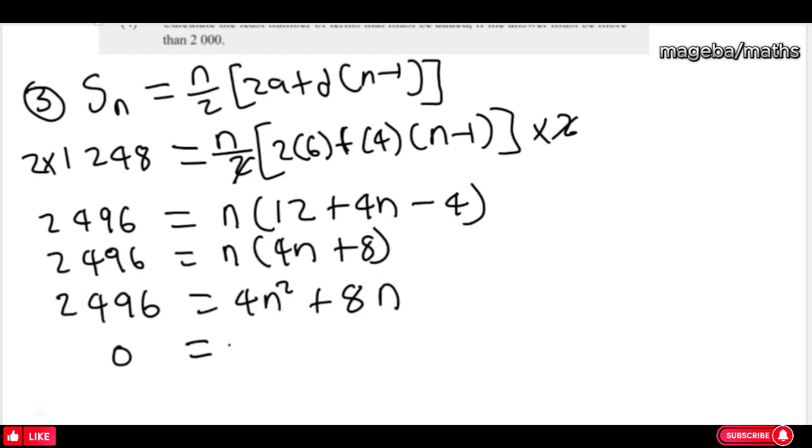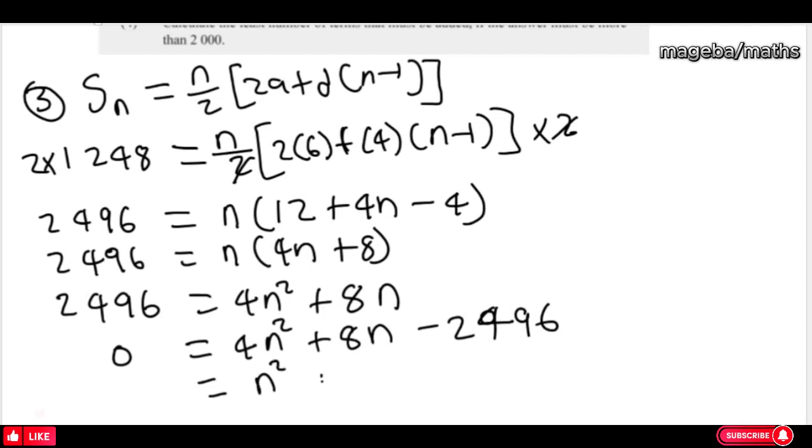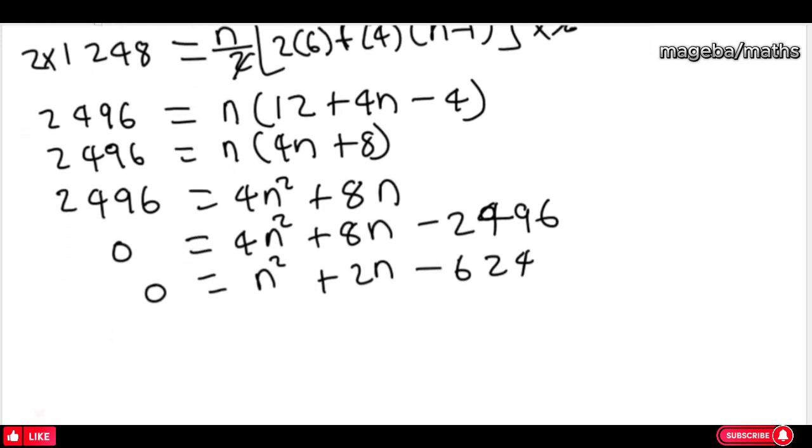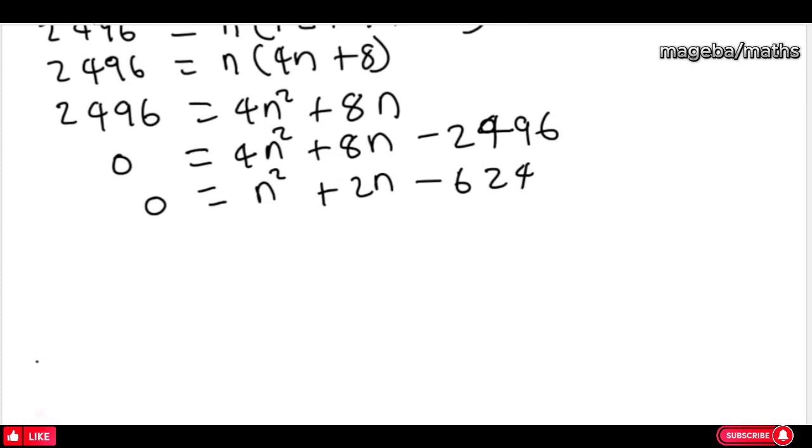It's going to be 0, and then 4n squared plus 8n minus 2496. And then from here we can divide by 4, which will give us n squared plus 2n minus 624. I divided by 4, and then from here we can factorize, or you can do your quadratic.